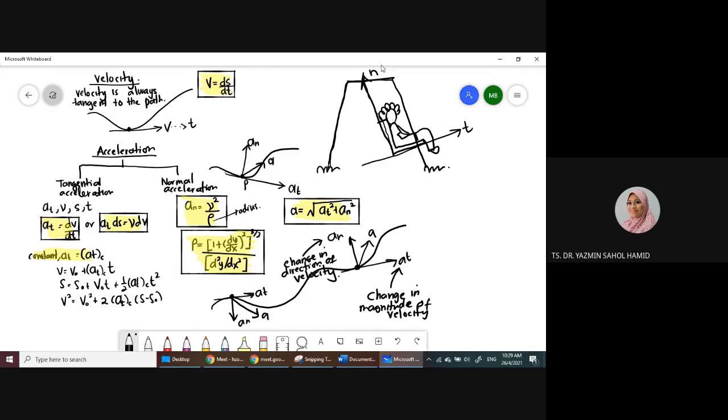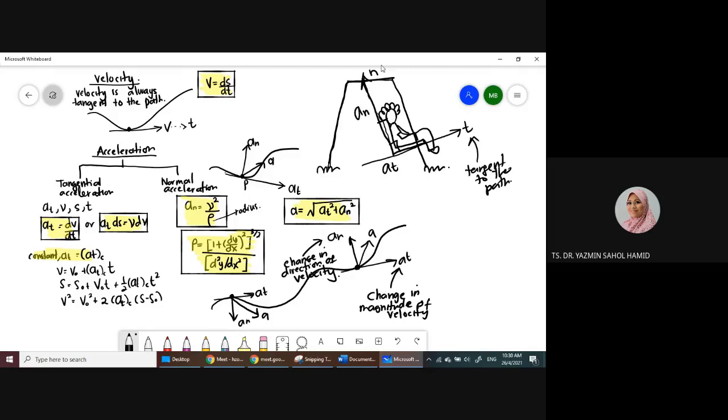Because the velocity is tangent to the path. And the normal direction must be perpendicular to the tangent, 90 degrees. So your AT will be here, and your AN will be here.